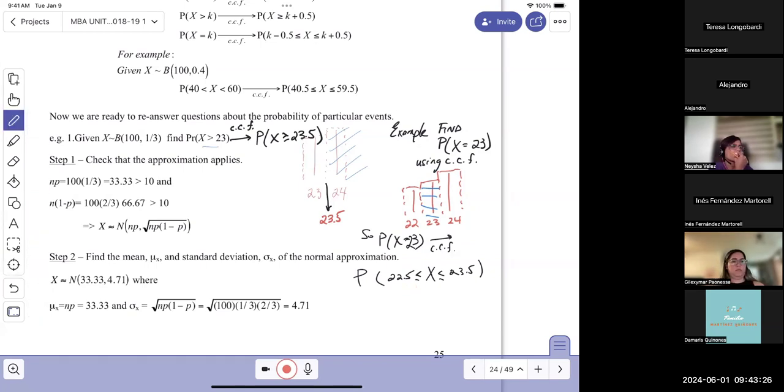Do you need me to do the rest? So this is going to be P, you're going to take 22.5 minus the mean, which I'm using as 33.33, and then this becomes a Z, divide by the standard deviation 4.71.